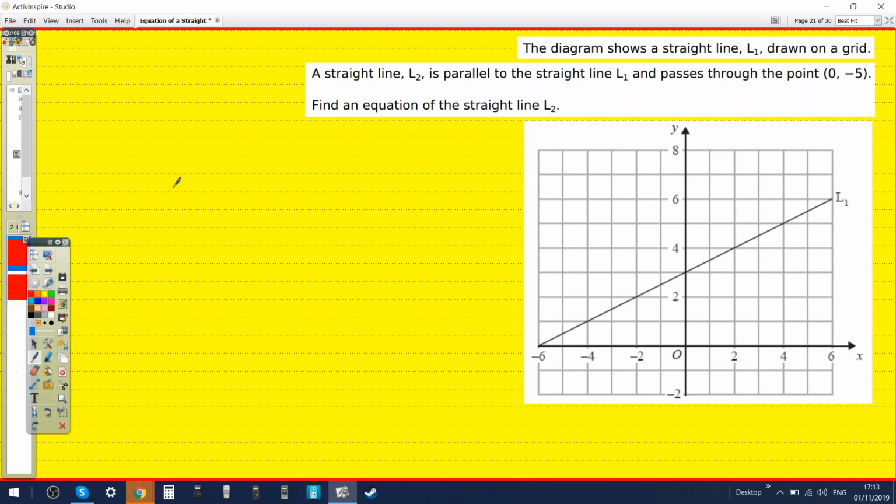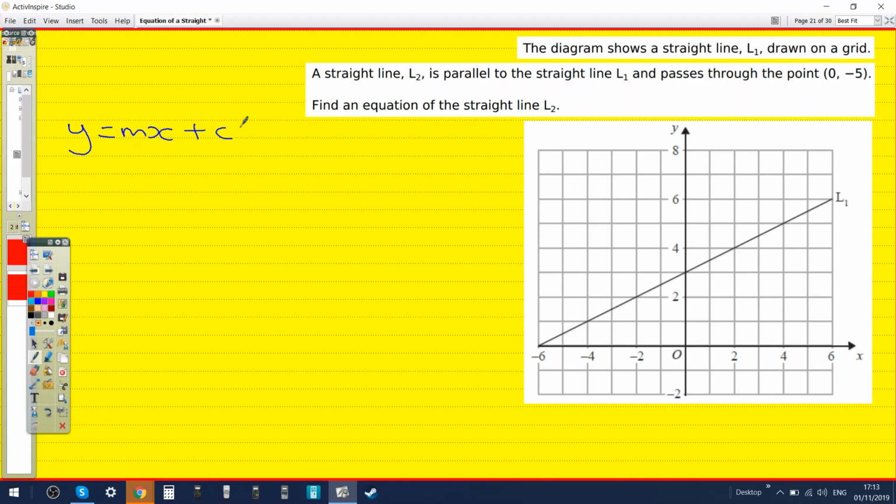In general, all straight lines can be written in the form y equals mx plus c. That's all straight lines, written like that. M being the gradient and c the constant, the y-intercept.